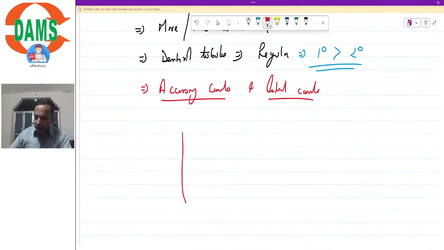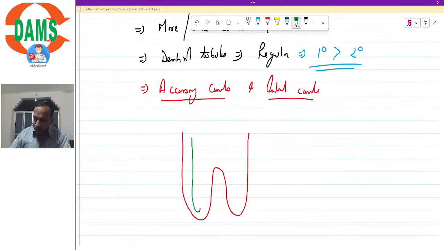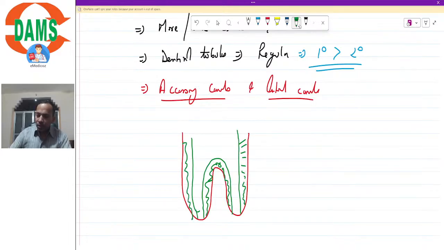Let's say this is the root, and this is the dentine. So this is all dentine. What is the difference between the accessory and lateral canals?